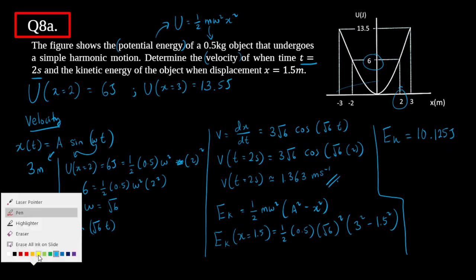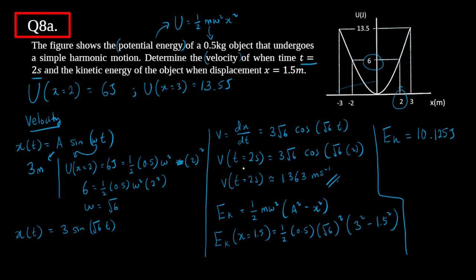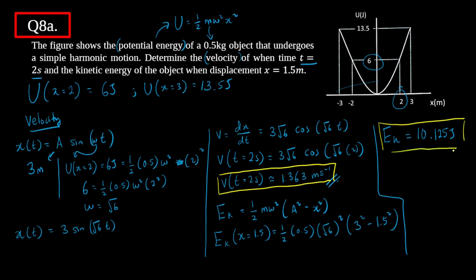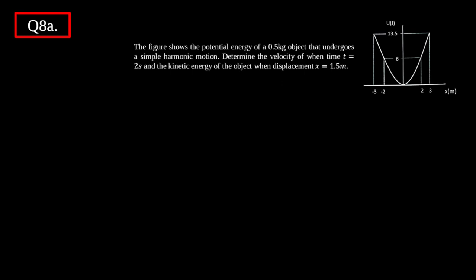Okay, so we have calculated the magnitude of velocity when t equals 2, and we have calculated the kinetic energy when x equals 1.5. So that settles 8a. All right, let's move on to 8b.